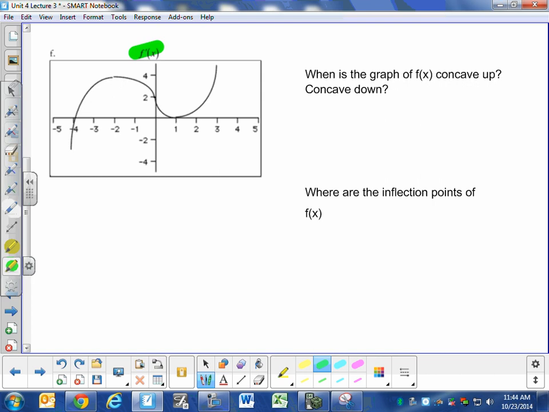Now, you can try to sketch the graph of f, but it's kind of tricky to sketch f correctly unless you already know the concavity of f.